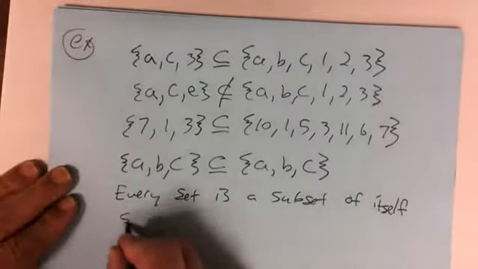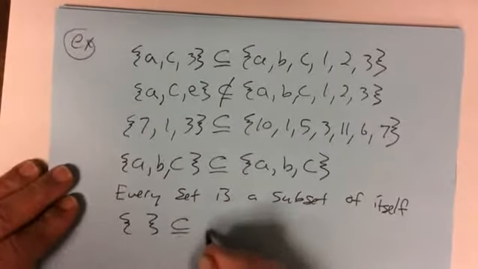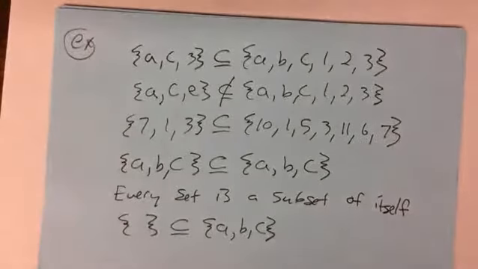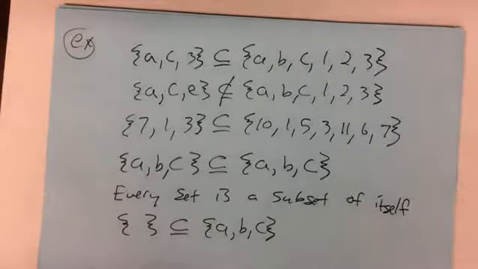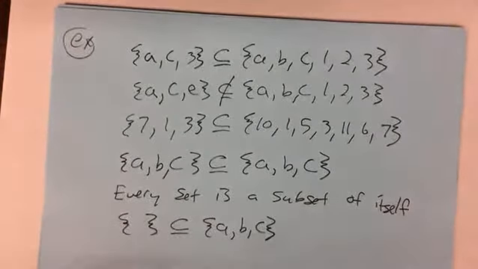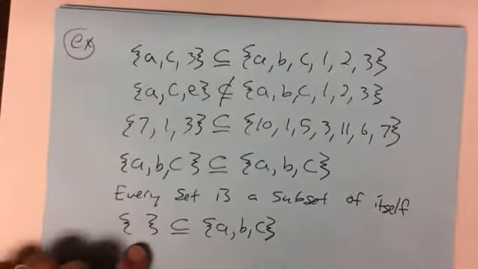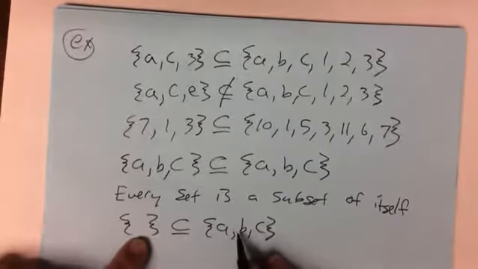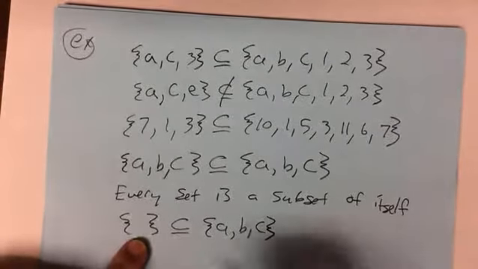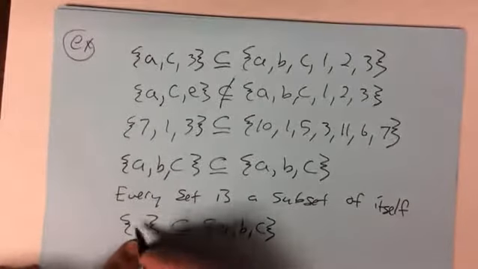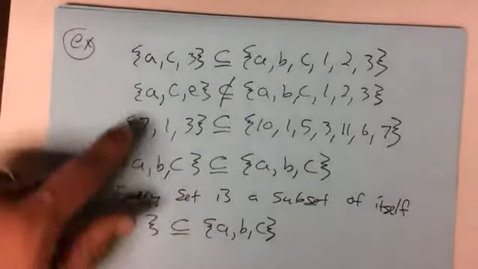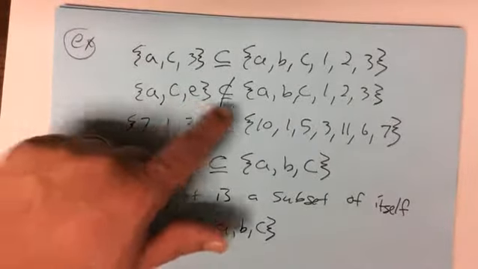What about this? The empty set is a subset of A, B, C. What do you think? Again, this is a little tricky. This is actually true by the definition. Are all the elements in the empty set contained over here? Actually, they are. There are no elements over here, so there's no way that this can fail to be a subset. For example, with the one up here, E was not over here.